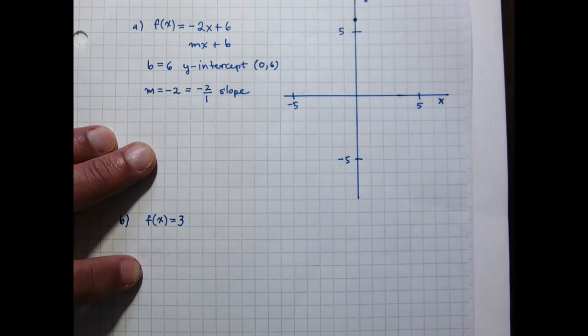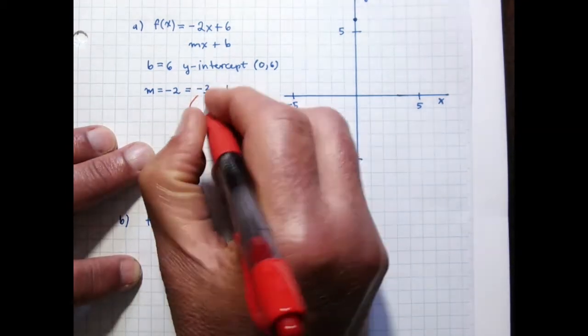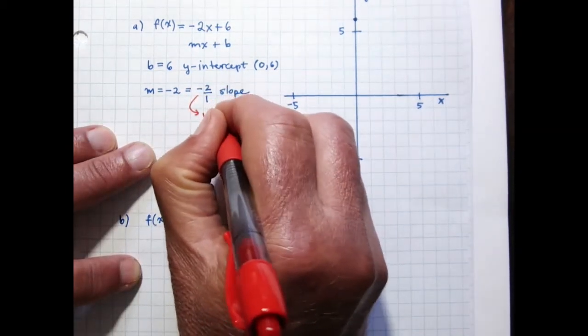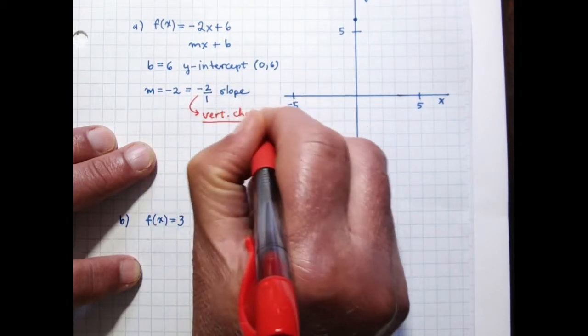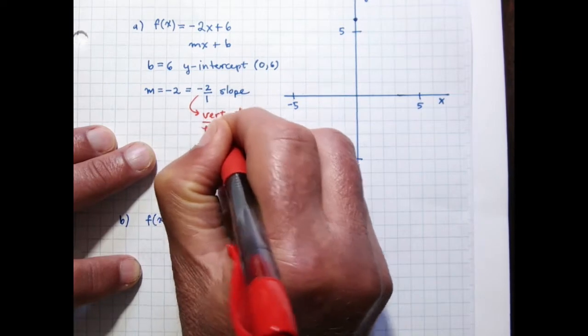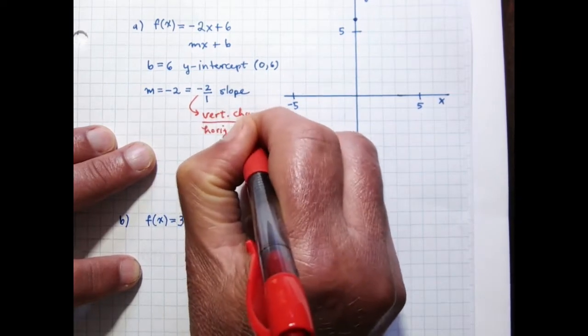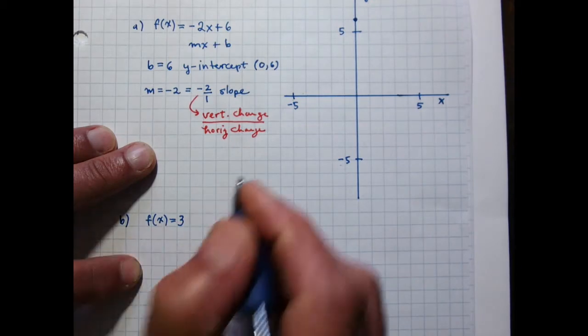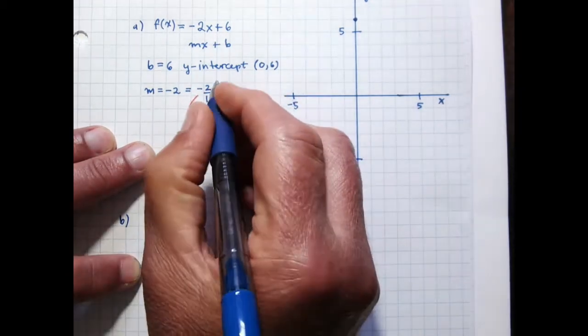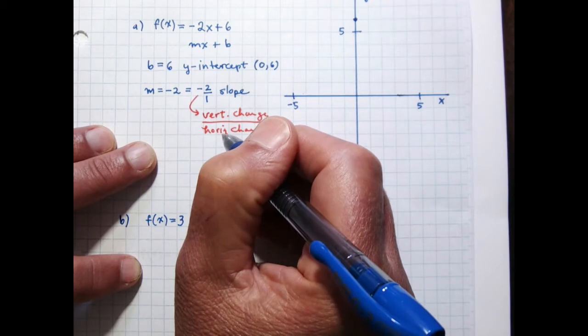You can think of that slope value as representing vertical change over horizontal change. Sometimes people say rise over run, or change in y over change in x.